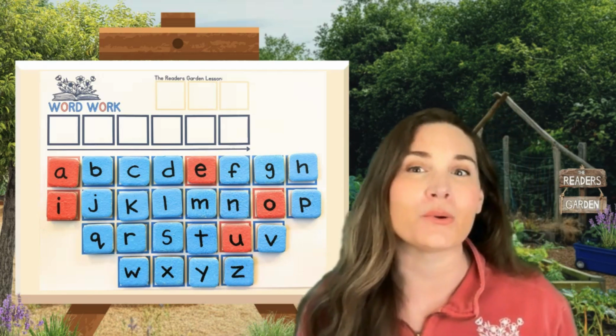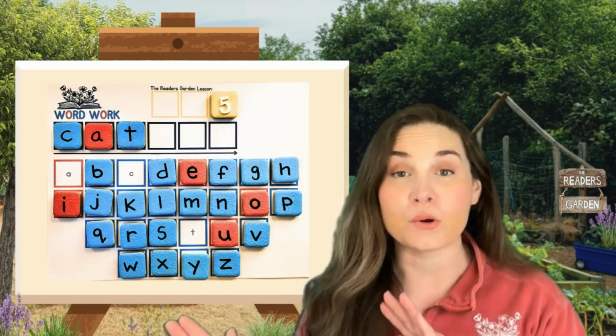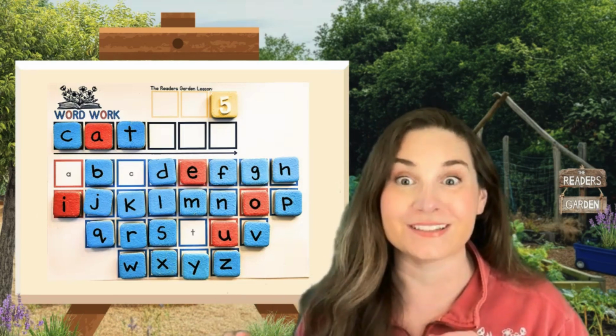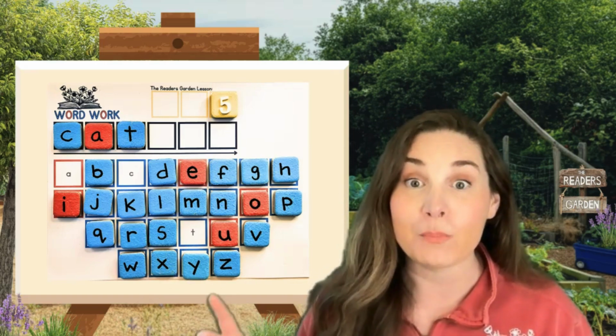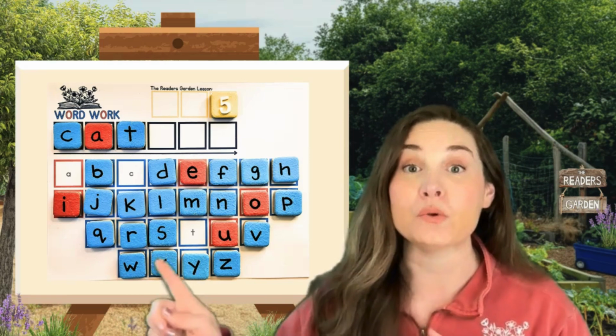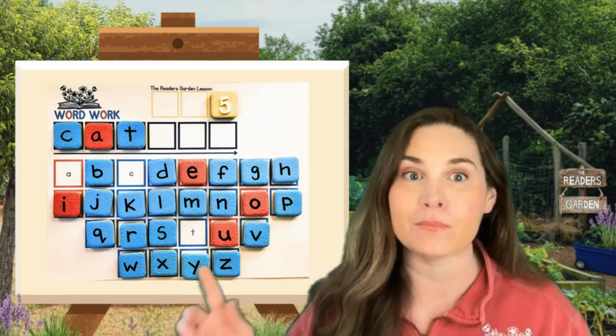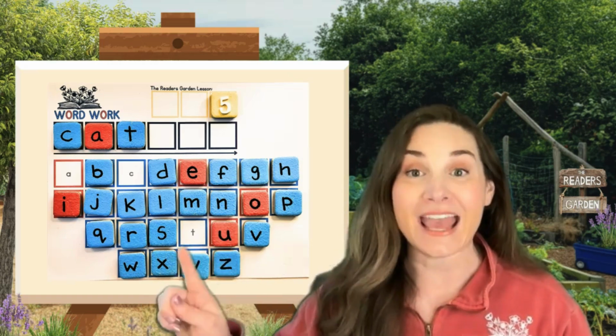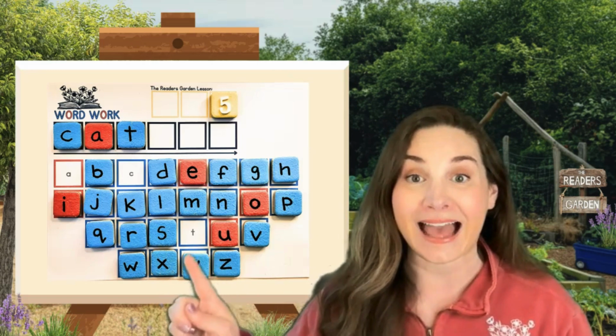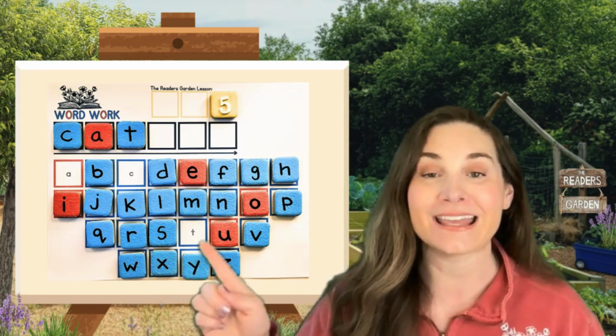Now let me show you how we're going to use these boards. This is a board that I've moved a few things around. Let's see what I've done here. So I have taken 3 letters from the bottom set of letters and I have moved them to the top of the board in my word work area. I moved the C, the A, and the T. Cat. I made the word cat.